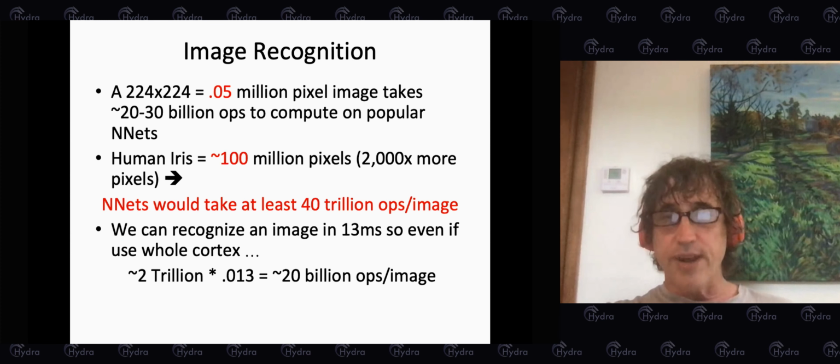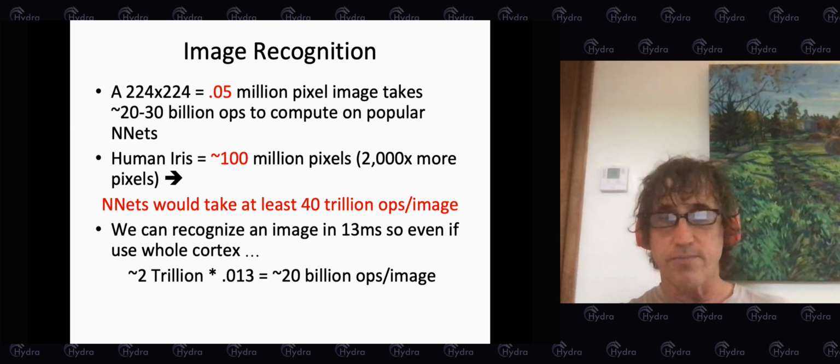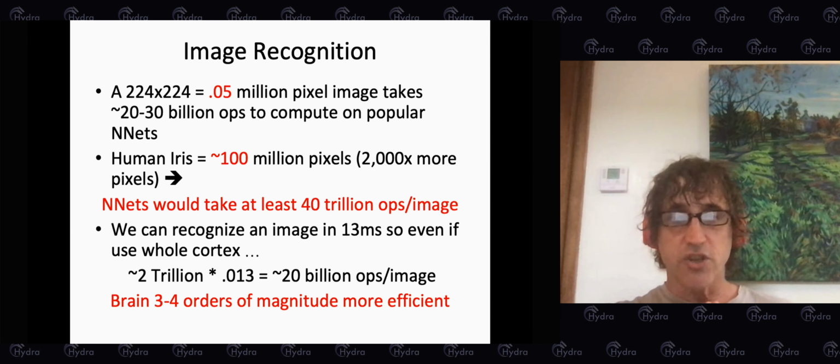So your brain does 20 billion operations to recognize the image, even if you use your whole brain, whereas the neural network would take 40 trillion. So your brain is 3 to 4 orders of magnitude more efficient in terms of compute relative to the neural networks and the hardware that we have today.